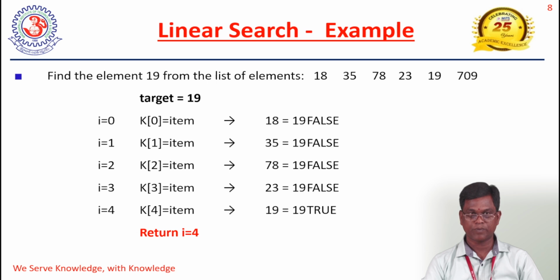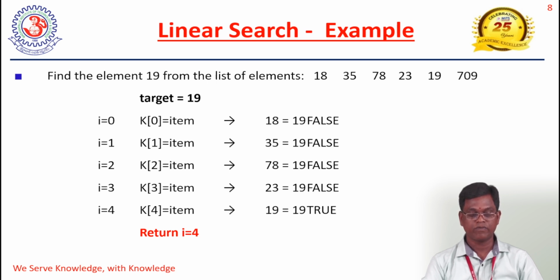Like this, the process will be repeated through all the elements until the target element is found in that list. Now whenever we reach i equal to 4, it will search for k of 4 item, that is 19, and the target element is 19. So both match, a successful match is there. That means the target element was found at the index location 4, so it will return true.